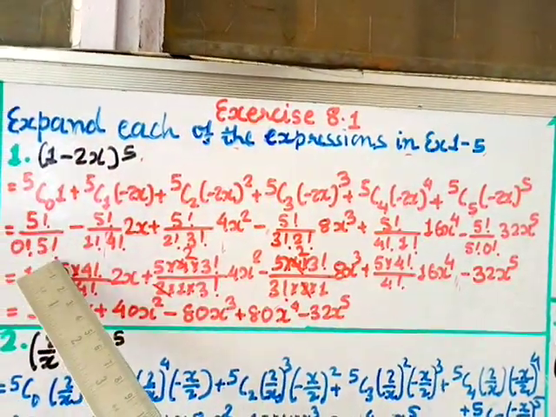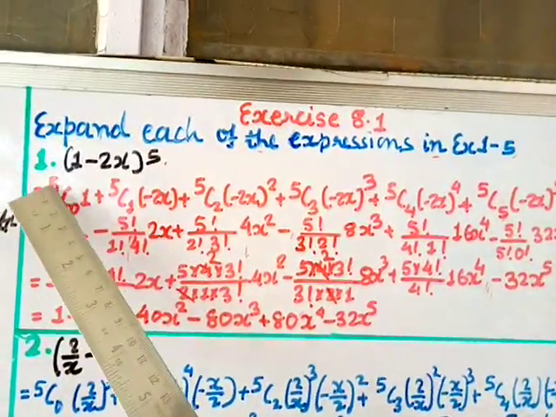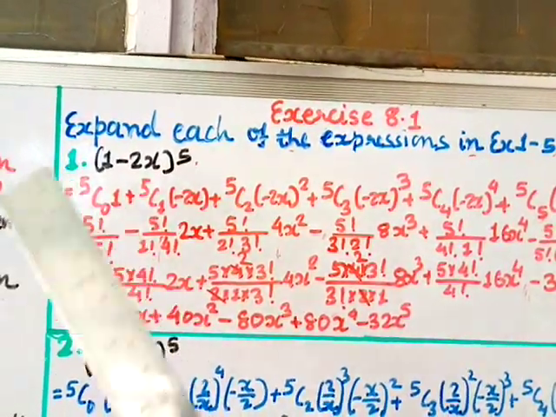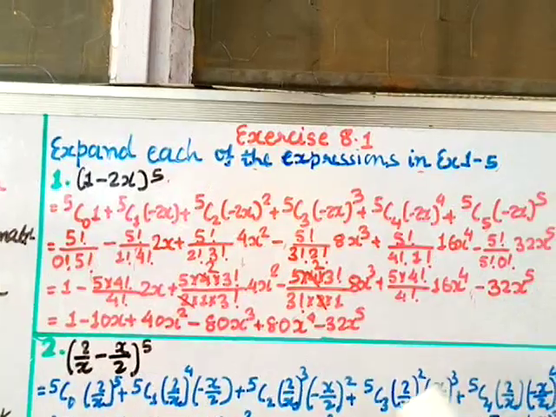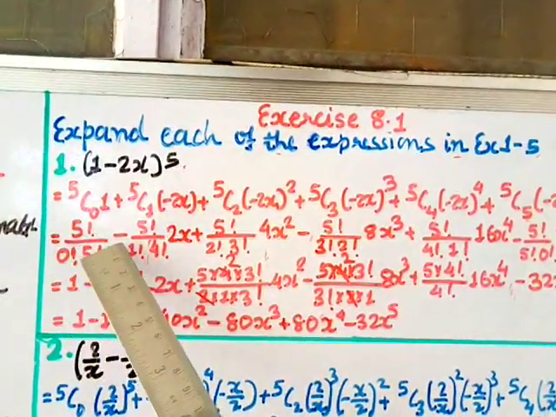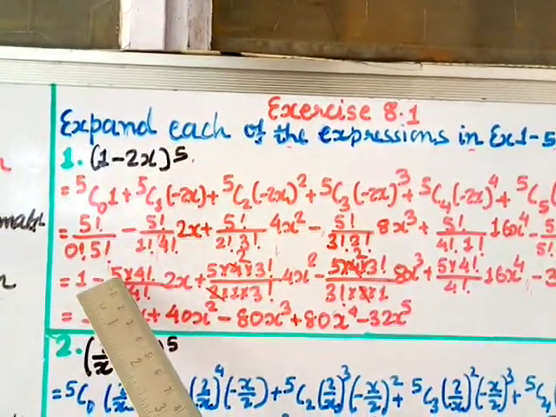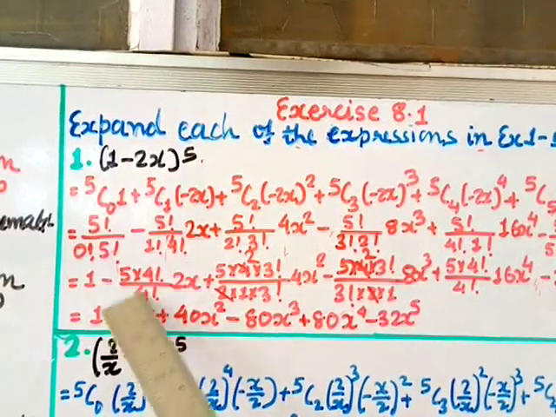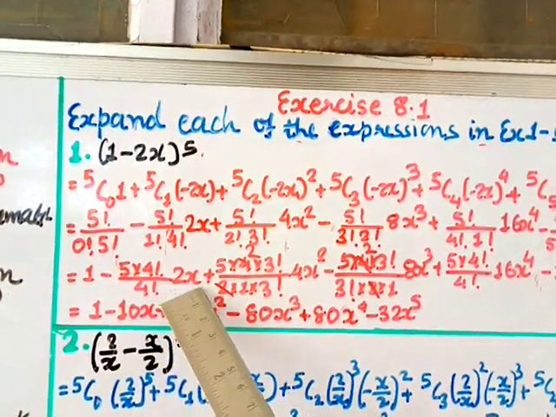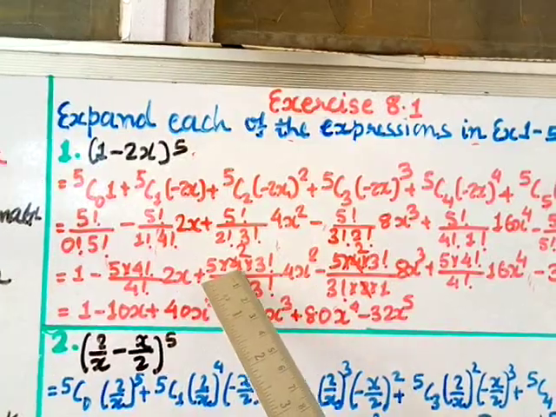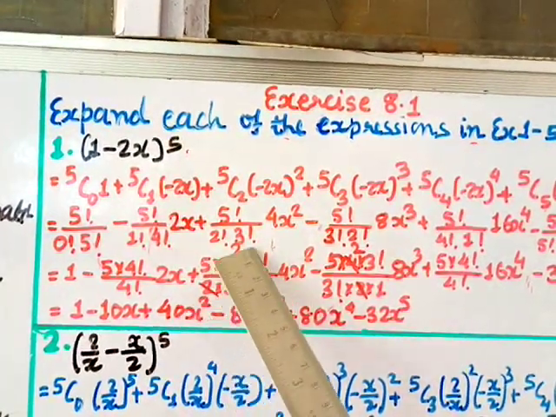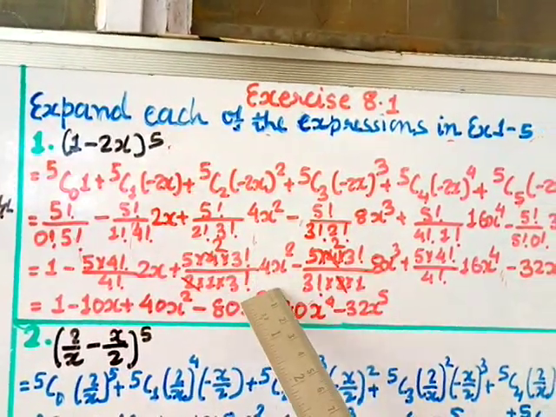Now this 5 factorial occurs, so here remains 1, or you just remember that nC0 is always 1 and nCn is also 1. So this value is 1, minus 5 factorial is written as 5 into 4 factorial divided by 4 factorial, 1 factorial is 1, into 2x. Plus 5 factorial is 5 into 4 into 3 factorial, 2 factorial is 2 into 1, and this 3 factorial as it is, into 4x square.